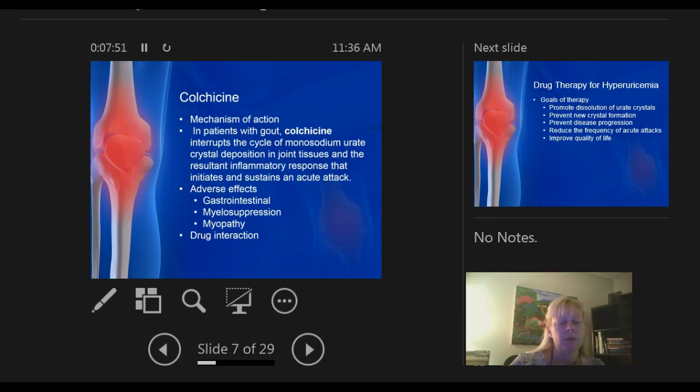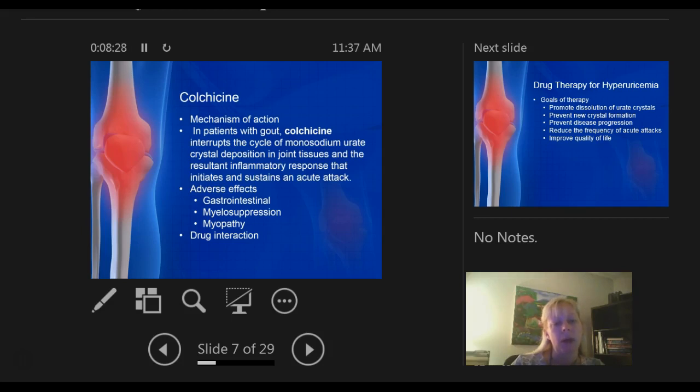So what is the mechanism of action? Going through and trying to learn about the mechanism of action, scientists and researchers don't really even know exactly what happens, but we do know in some way it interrupts the cycle of the urate crystal deposition in your joint tissues. While you have these uric acid crystals, which is urate, deposited in your joint tissues, what colchicine does is somehow chemically interrupt the cycle of the crystals from building up.